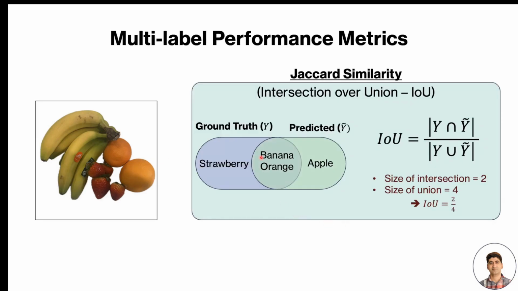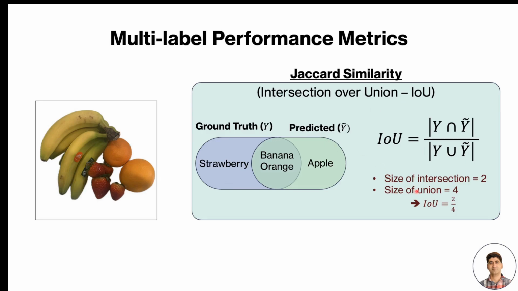The next performance metric for multi-label classification is Jaccard similarity, also known as intersection over union. For Jaccard similarity, we find the intersection of ground truth labels and predicted labels divided by the union of these ground truth and predictions.